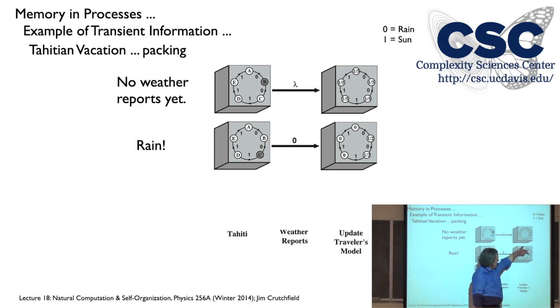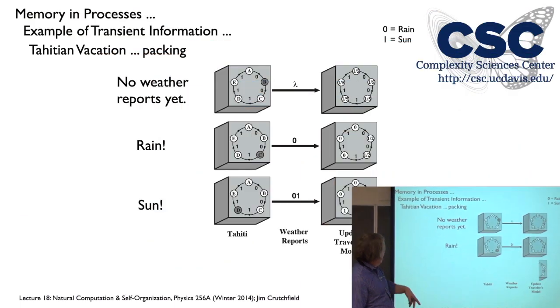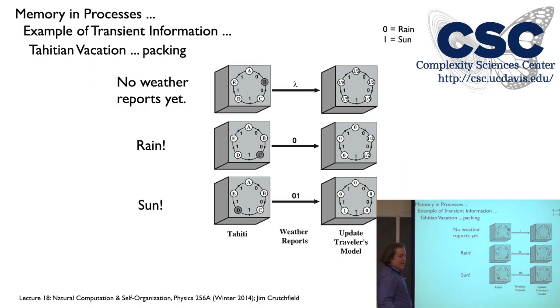The next day still could be rain. When I hop on the plane, it still could rain or be sunny. And then finally, we read the paper the next day, the day we're hopping on the plane, and we see it's sun, right? So then our uniform uncertainty between phases B and C is now resolved, and we know with certainty what phase the weather cycle is in.